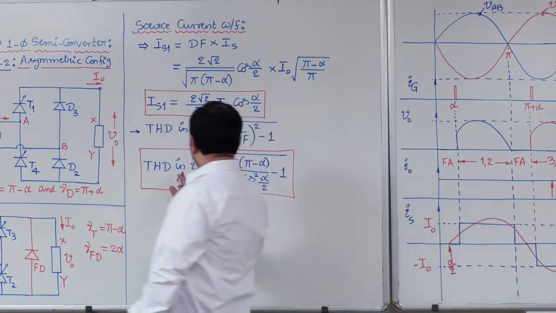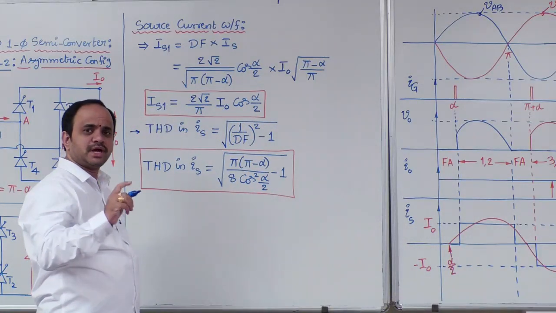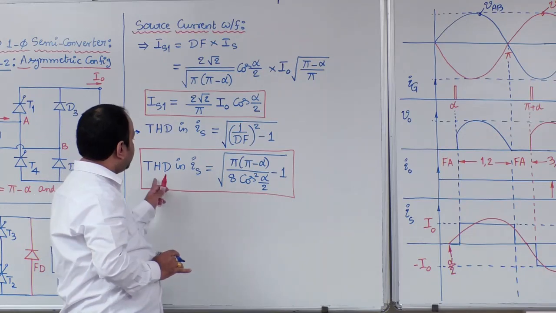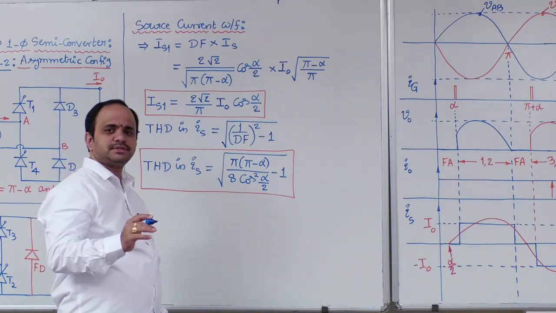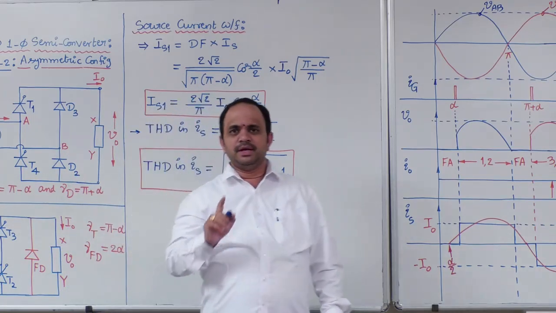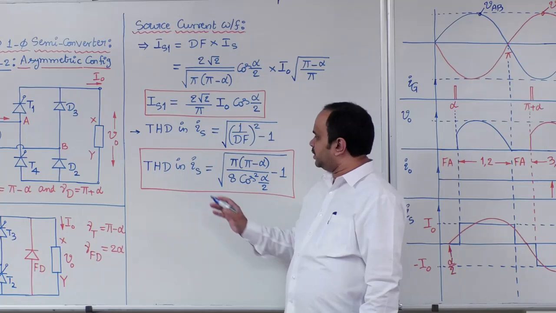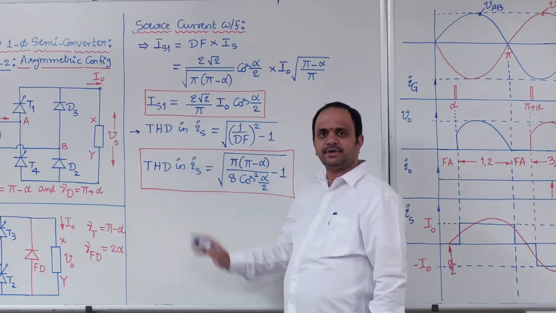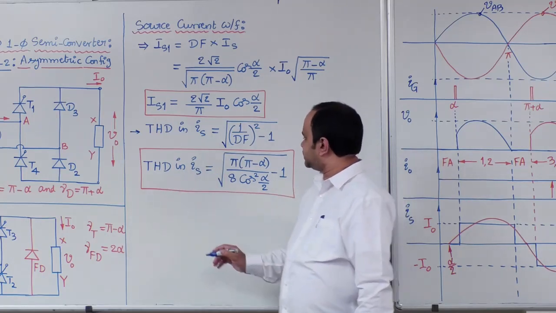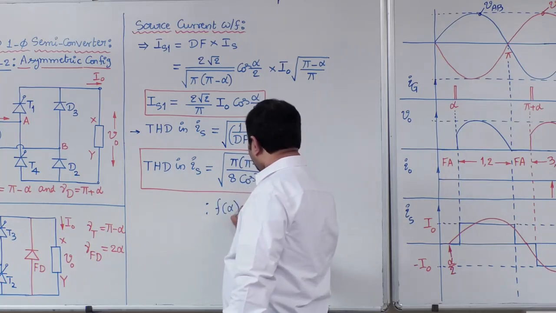Now observe carefully here. In case of single phase full converter, THD in source current was simply 48.43%, irrespective of firing angle. Now, in case of single phase semi converter, it is expressed as a function of alpha.